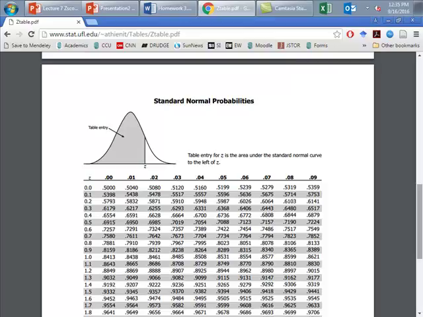We have a curve. All of the area under the curve adds up to 1 because it's a proportion, right? The area under the curve in terms of the proportion. The shaded area represents how many observations are under our value.